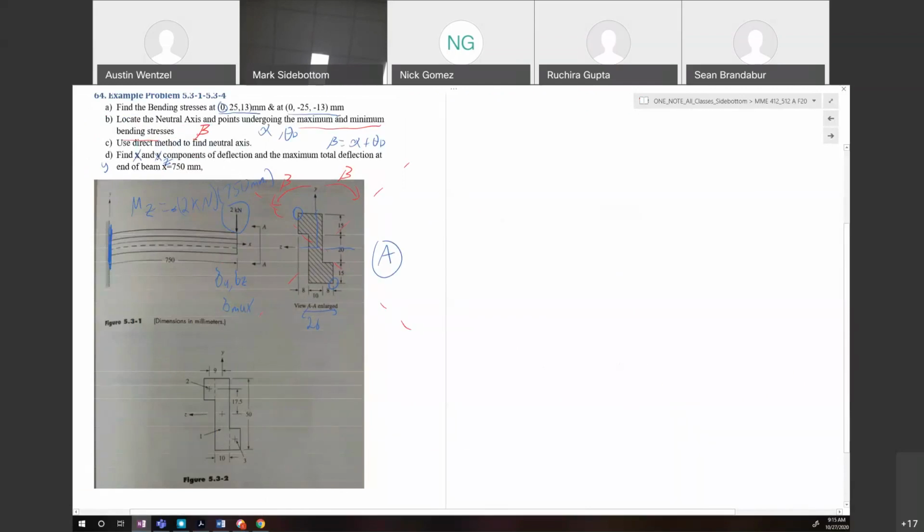But if you were given the dimensions of the cross-sectional area, you'd be expected to break the system down into the different smaller areas and then solve for the moment of inertia for each of the individual areas.